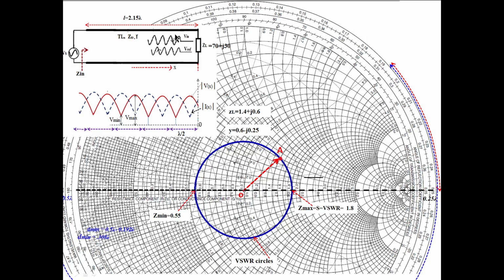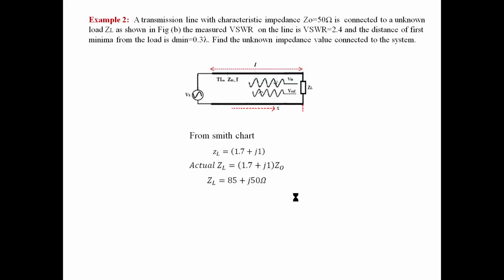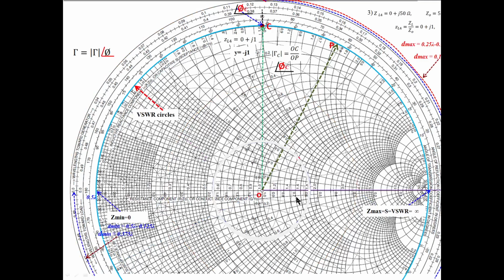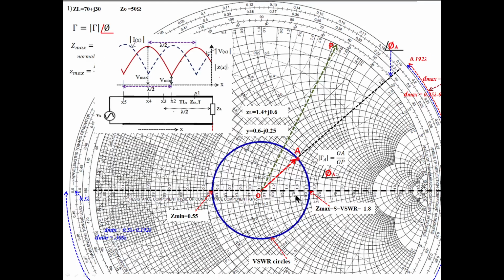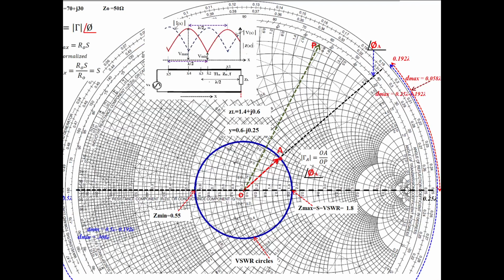Now, also what we were discussing, we can find the distance of maxima and minima from the Smith chart. We will see one more thing we can do from the Smith chart: the distance of maxima and minima. So from the load point, how to find the distance of maxima?